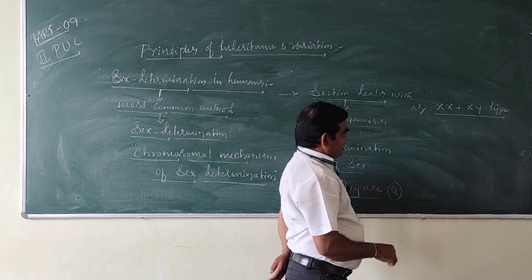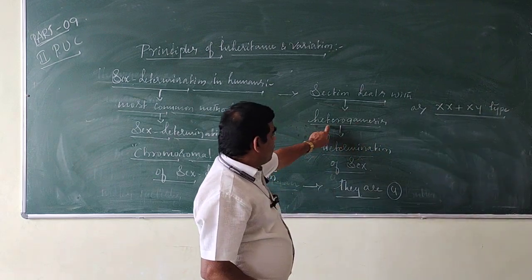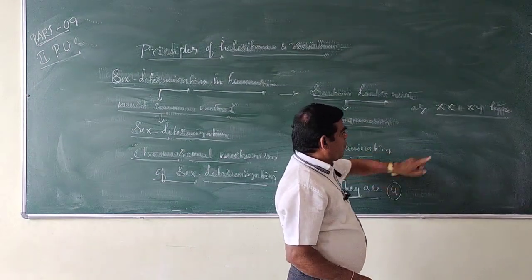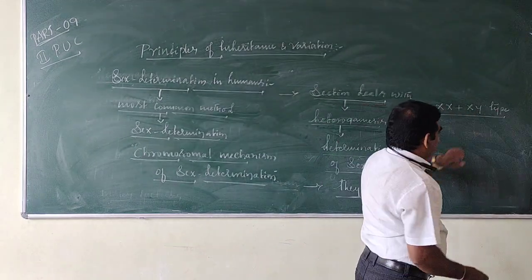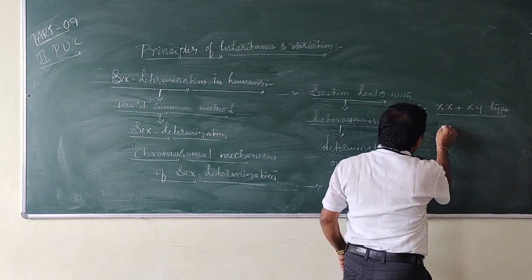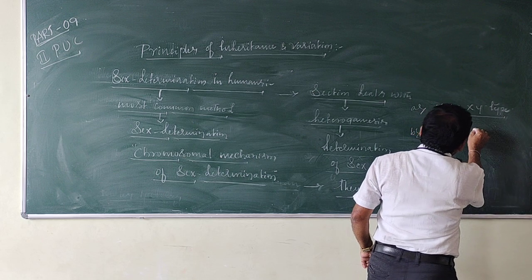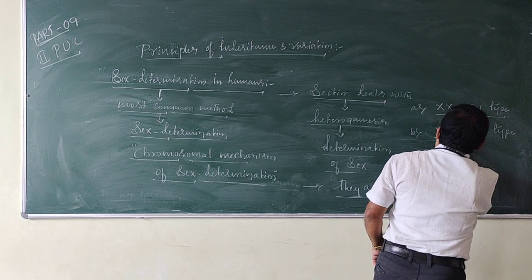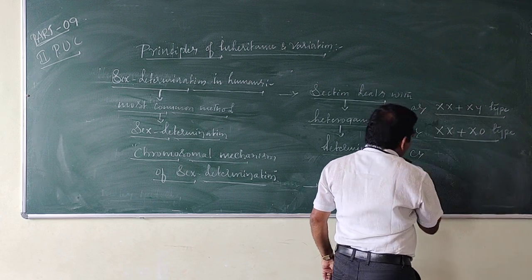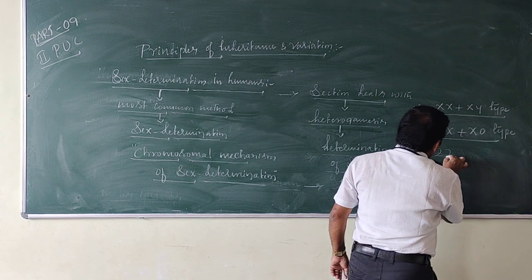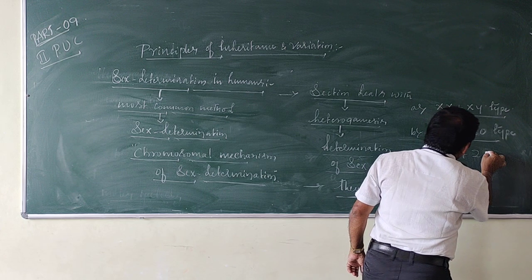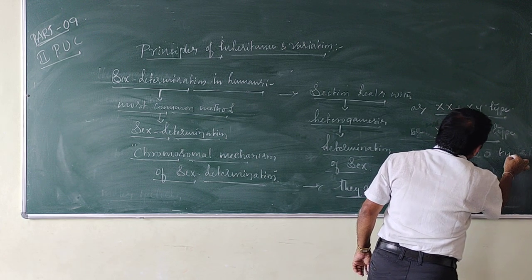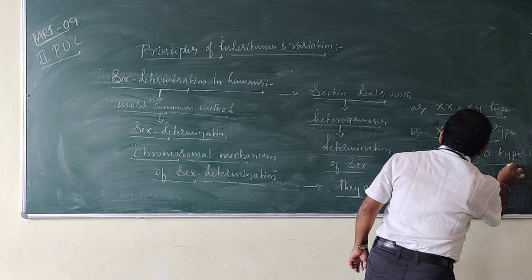There are four types. First one, XX plus XY type. Second one, XX plus XO type of sex determination. Third one, ZZ plus ZO type of sex determination.